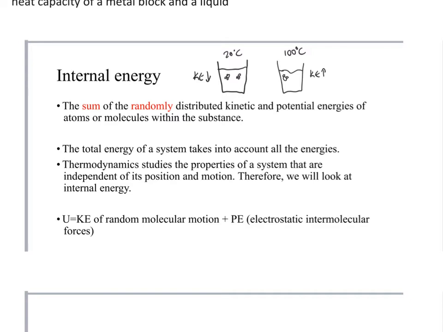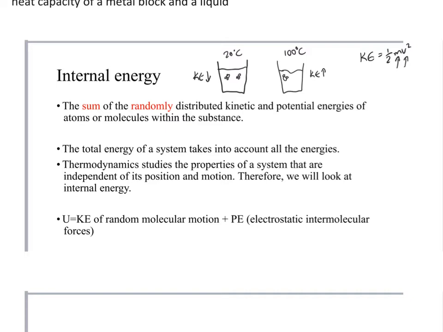So kinetic energy is usually based on the movement of the particles. So we know kinetic energy is equal to a half mv squared. Depending on what we have in there, if their mass is bigger and their speed is higher, then the kinetic energy will be higher in terms of internal energy.